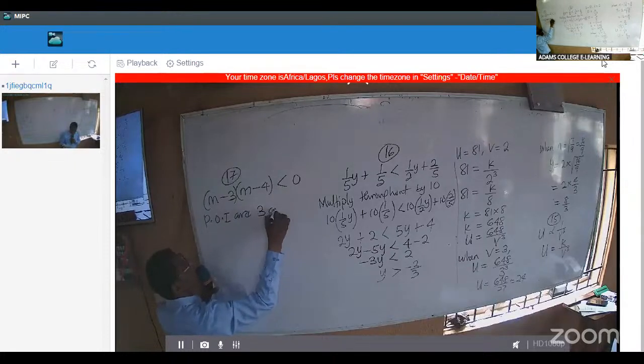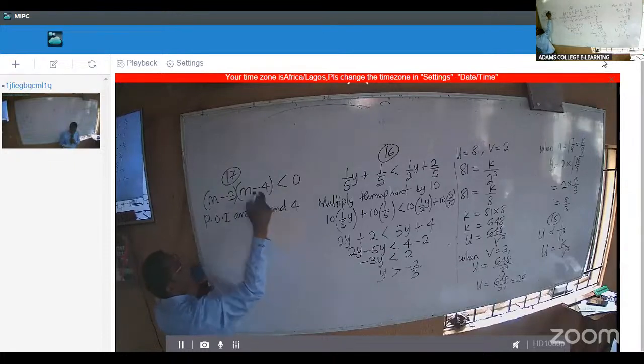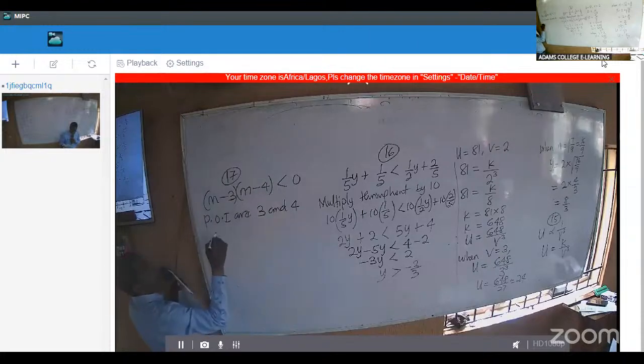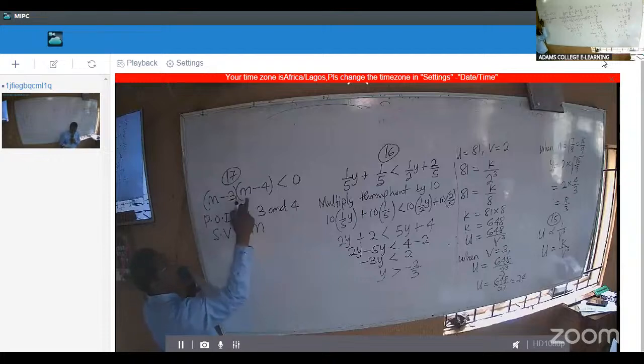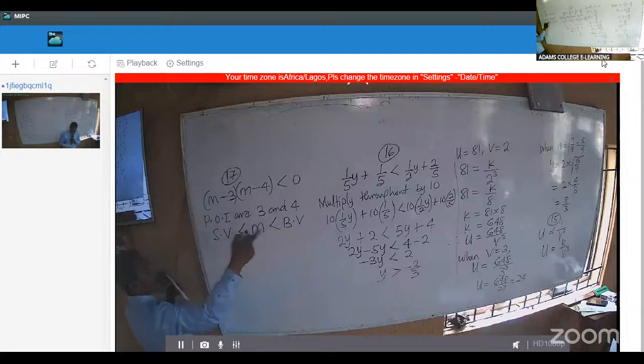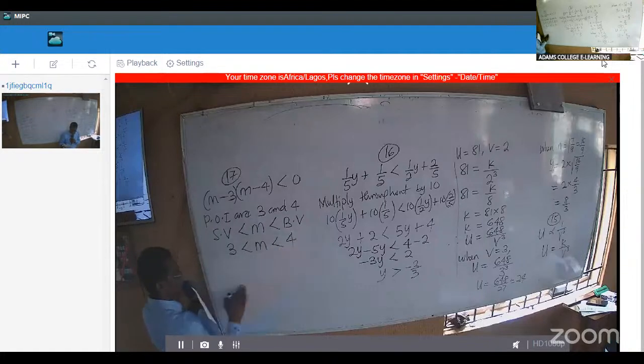And minus 4 to that side, 4. When you have less than, our answer will be like this: smaller value, less than M, because we don't have S now. Less than bigger. What smaller value is there? So our answer will be 3 less than M. That's it. Everybody should get that one.